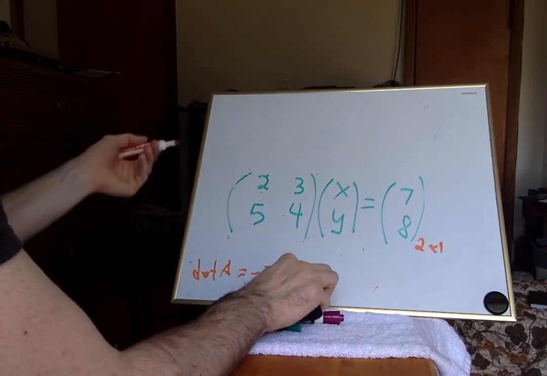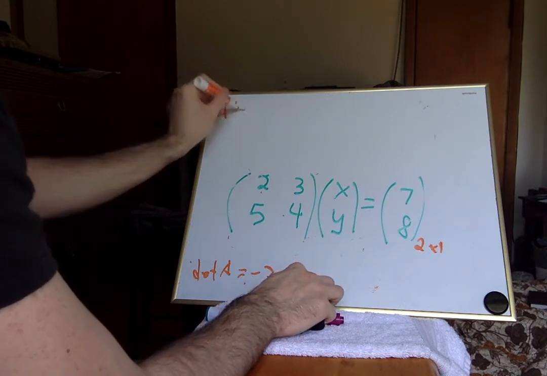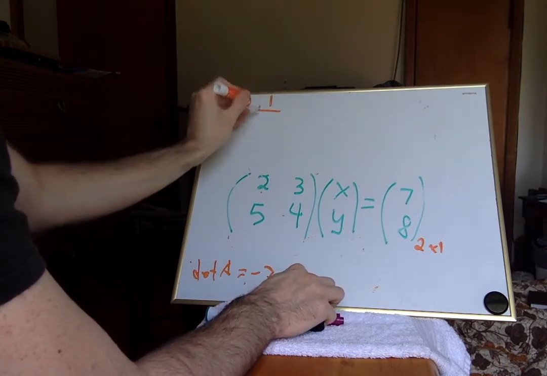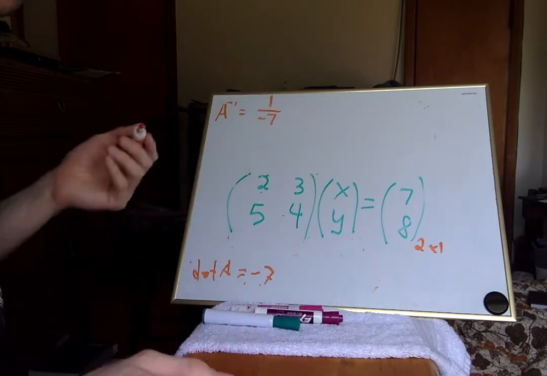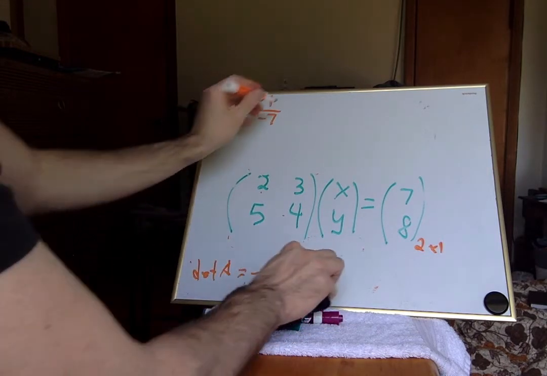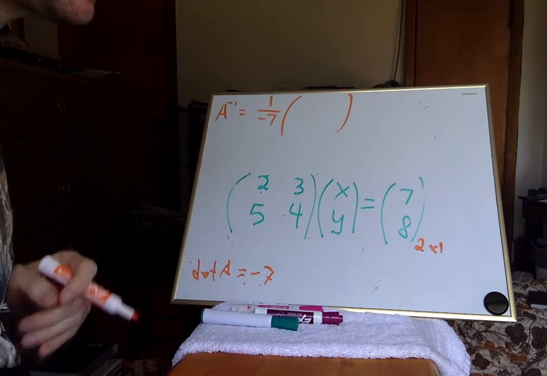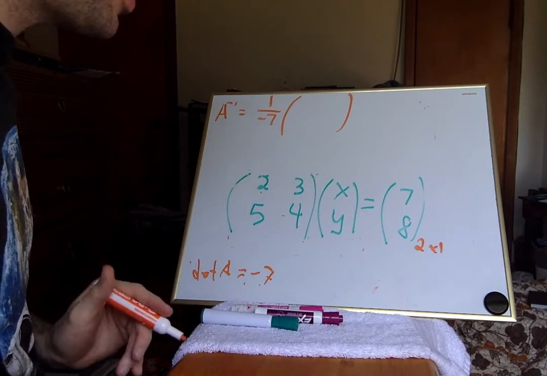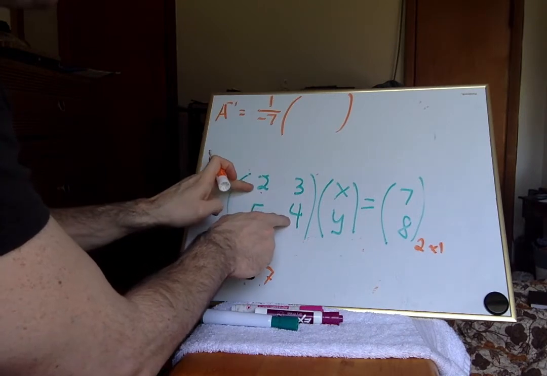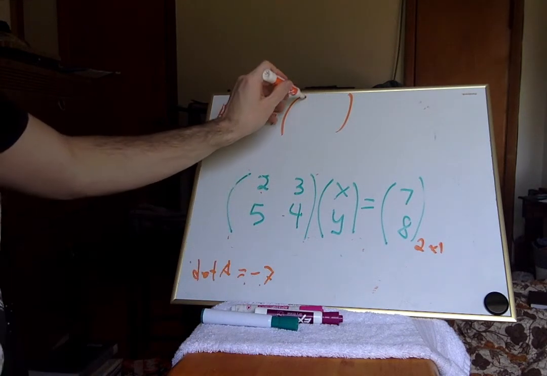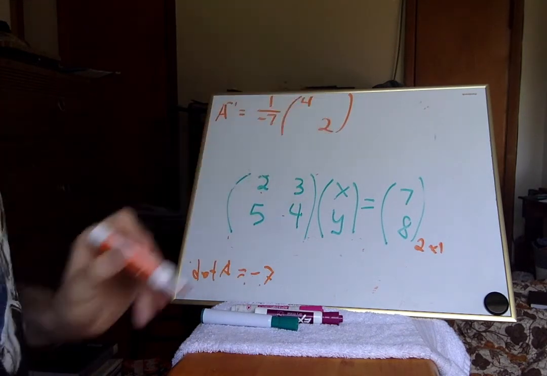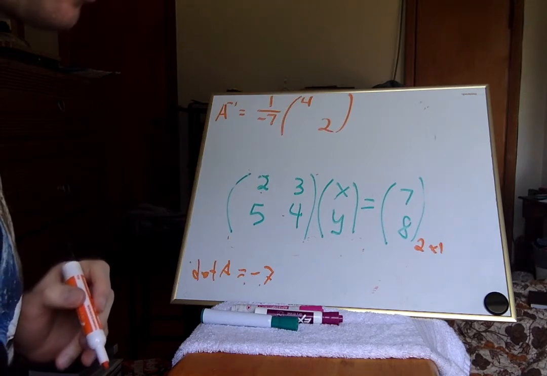So A inverse is 1 over negative 7, 1 over the determinant, times my original matrix, but I'm going to modify it. So I take the diagonal elements and I'm going to swap them. So 4, 2. Okay, 4, 2.